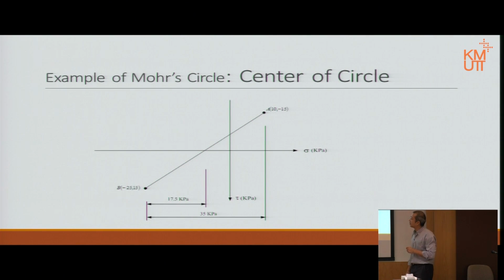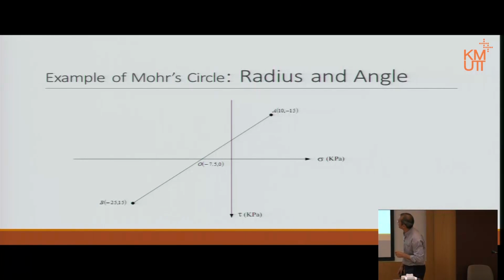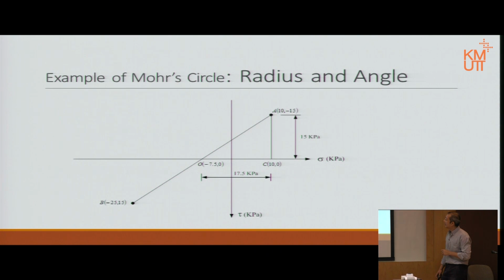And of course, halfway through is the center. Once we know the center, maybe we talk about the radius and the angle we are looking at. Plot it down to the sigma, then we can work out the two sides.